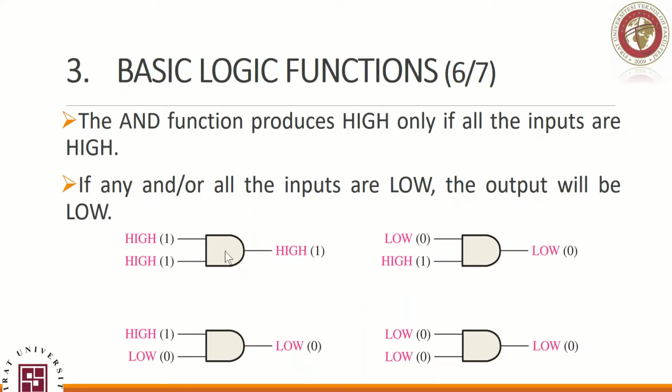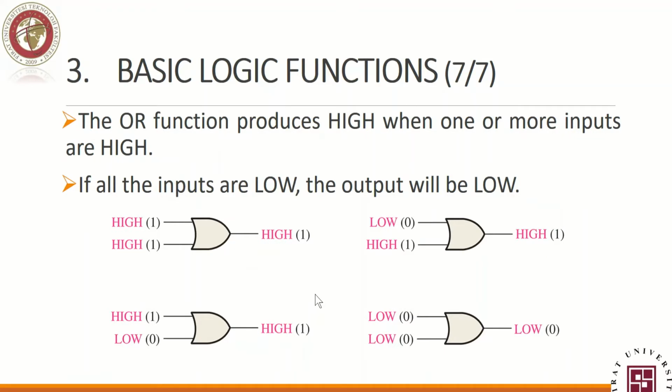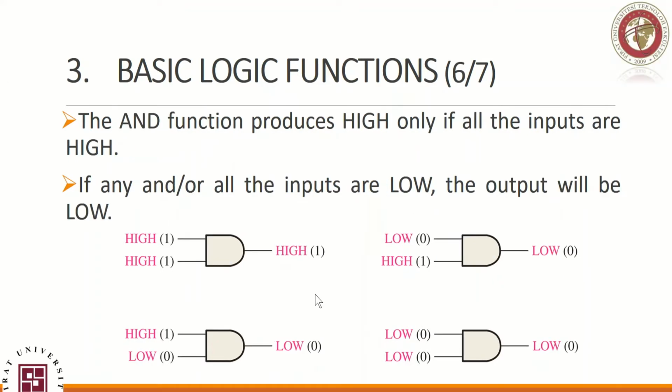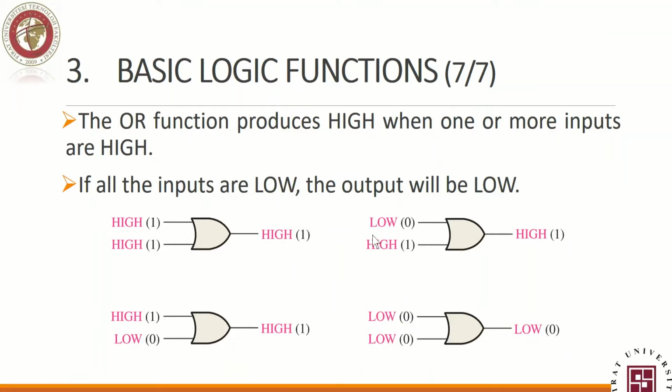For the time being, it's enough to understand how their states work. The AND gate produces high if all of the inputs are high, otherwise it is low. For the OR gate, if any of them is high, it produces high. Otherwise, if all of them are low, it produces low. Okay.